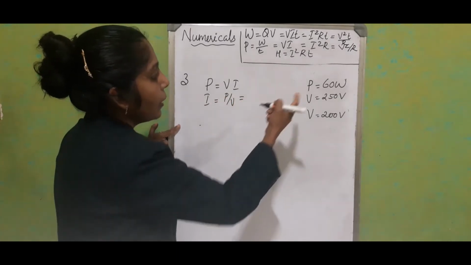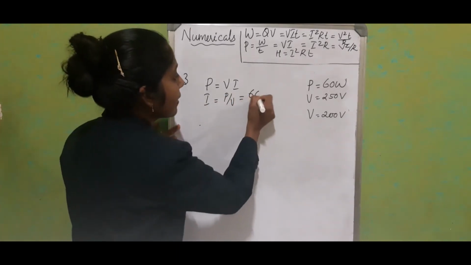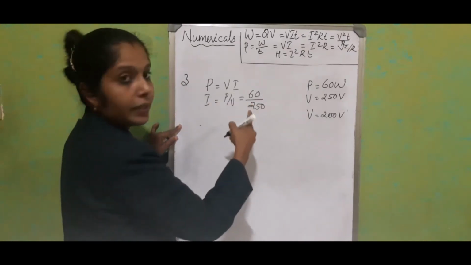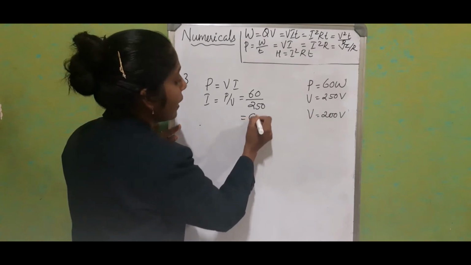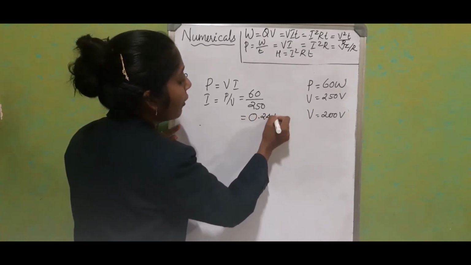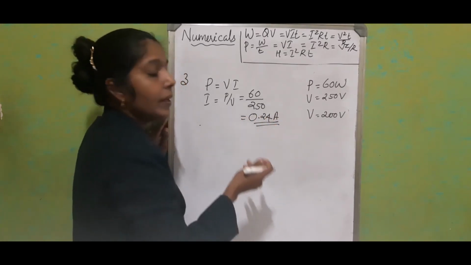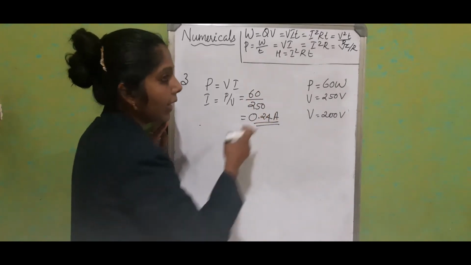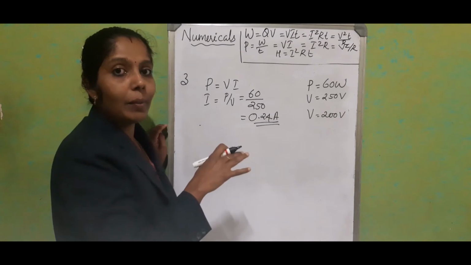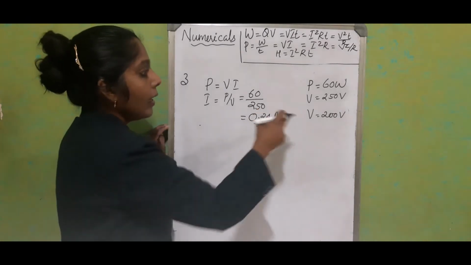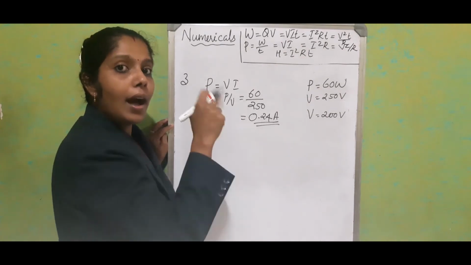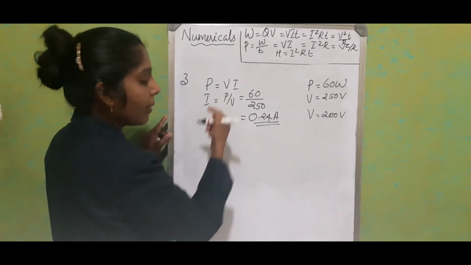So here P is 60 watts divided by 250 volts. After solving, we get the answer as 0.24 ampere. So when 250 volt is there, this is the current passing through the circuit. The current will be common. Now we'll see if the voltage falls to 200 volt, how the power varies. Same equation we will use.